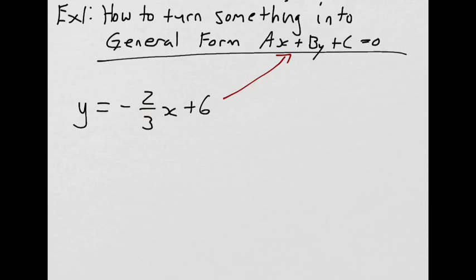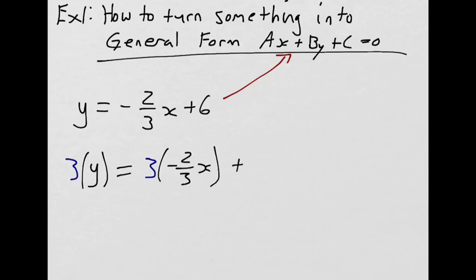So it's going to look like this. I'm going to take the left side and multiply it by 3. Okay, so that'll be 3 times y, which should be pretty easy to do. And I'm going to take the right side and multiply every individual thing by 3. Okay, so I multiply the negative 2 over 3 x by 3, and I also have to multiply the 6 by 3.